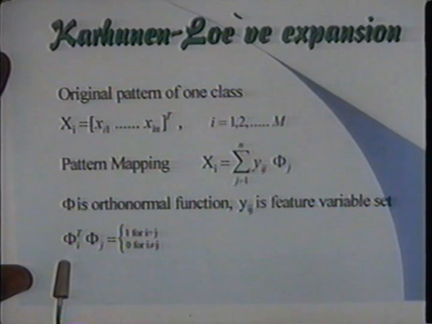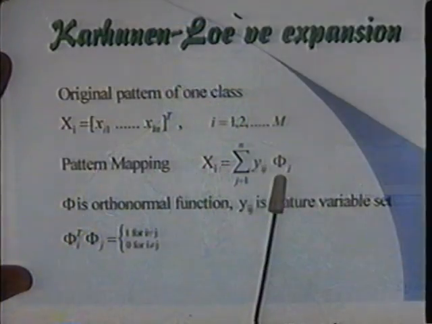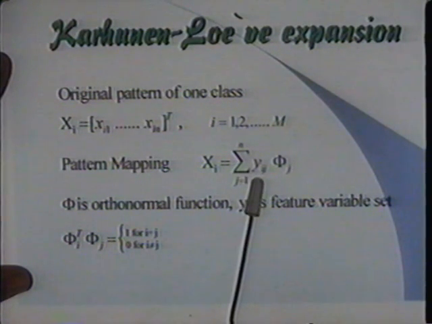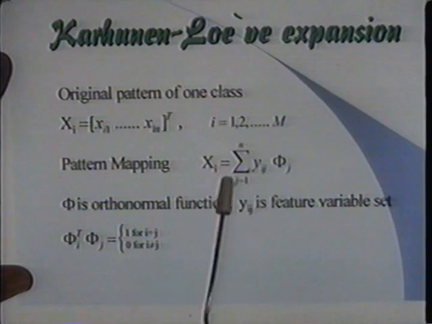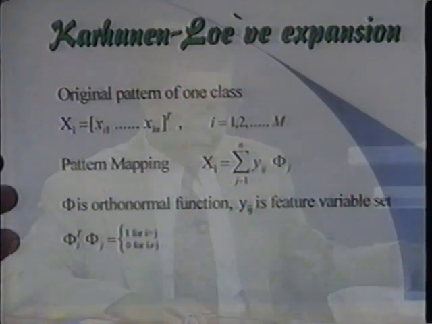The condition for that matrix is that if you multiply the transpose by the matrix itself, it should give you 1 for the same vector and 0 for different vectors. That's the concept of the modal approach: find this phi so that I can invert it and come up with the Y that represents X. Hopefully the sum of Y times this matrix phi gives me X, which is equivalent to the original pattern. Now, how do we do that?